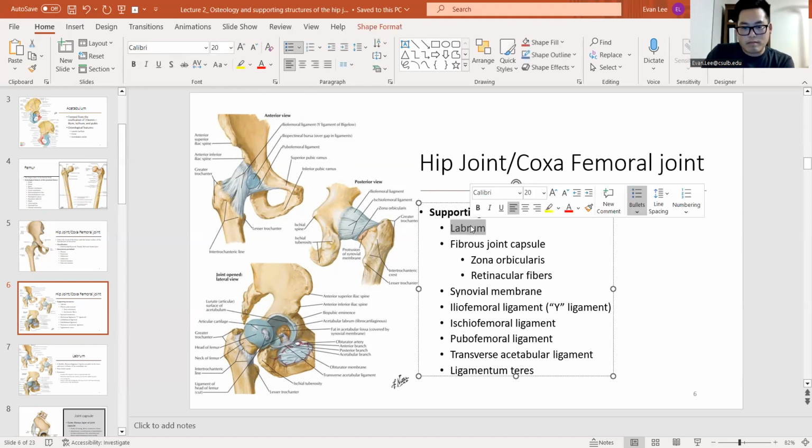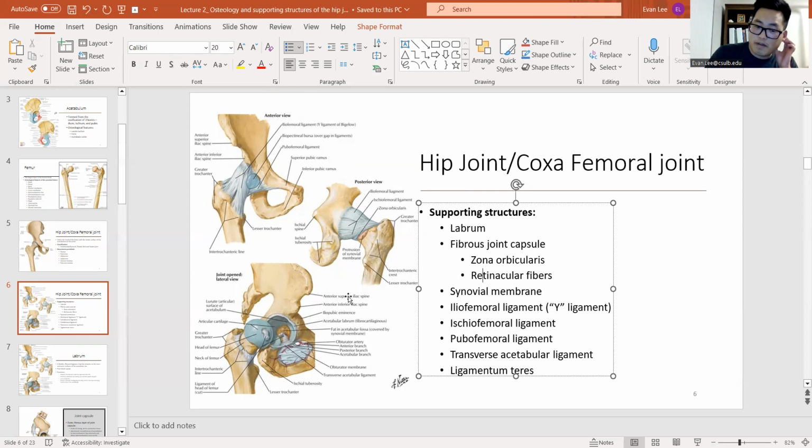So the labrum probably sounds familiar because the scapula had a labrum as well, which is that border along the edge of the, in this case, acetabulum. And then zona orbicularis and retinacular fibers are part of the fibrous joint capsule, which are somewhat deep. And then you also have the synovial membrane, which is also somewhat deep.